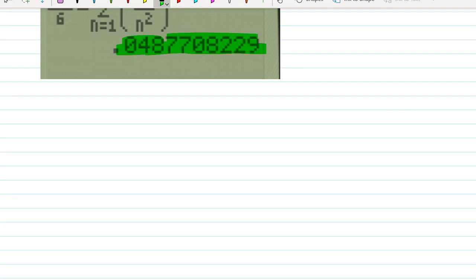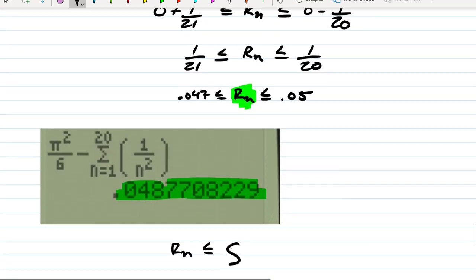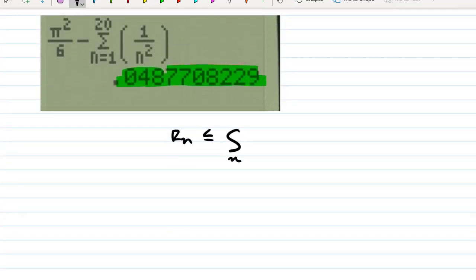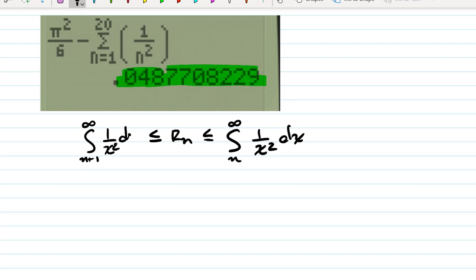Well, we know that the remainder, based on what we just had above, that our remainder, Rn, is less than or equal to the integral from n to infinity of 1 over x squared dx, but it's greater than or equal to the integral from n plus 1 to infinity of 1 over x squared dx.